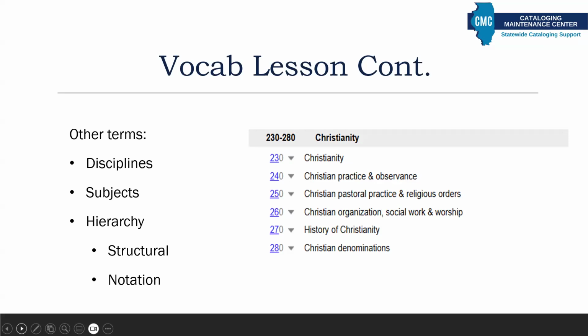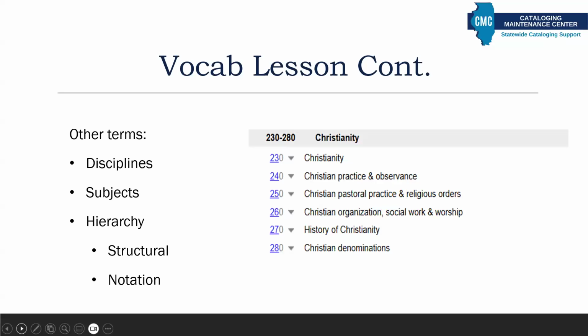Hierarchy, the arrangement of a classification system from general to specific. In the DDC, the length of the notation and the corresponding depth of indentation of the heading usually indicate the degree of specificity of a class. See references and centered entries are used to indicate exceptions to the notational hierarchy.